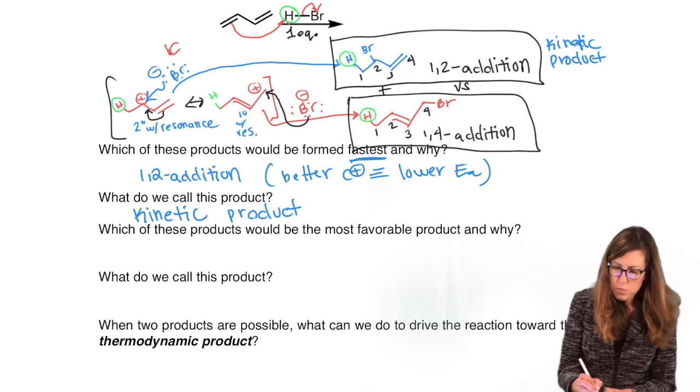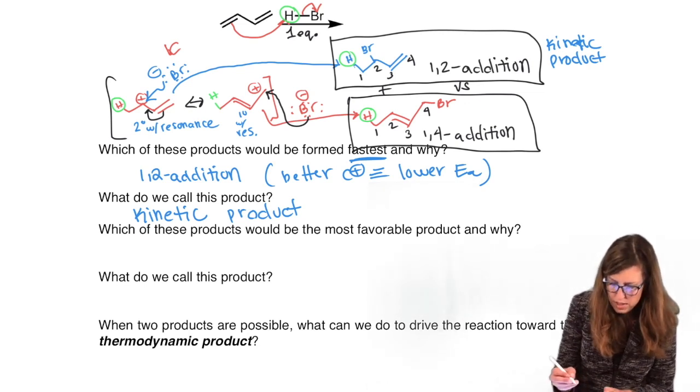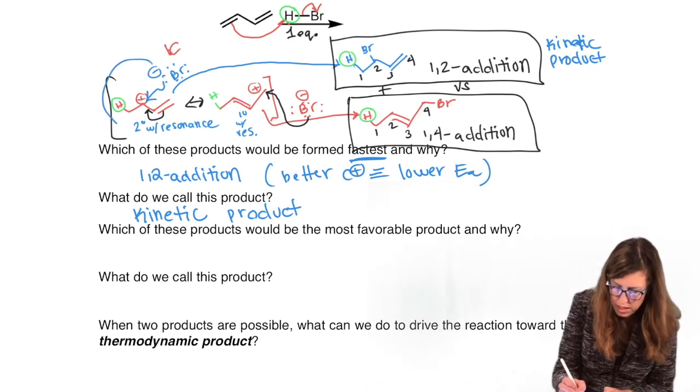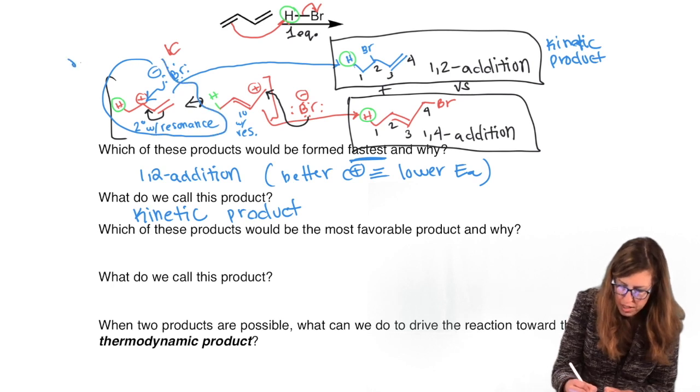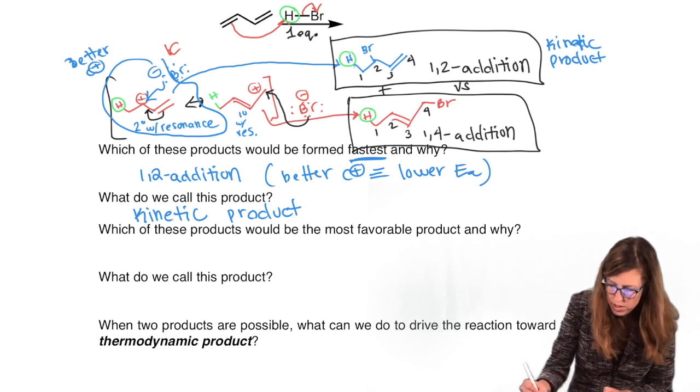The most favorable we saw, the actual product that was better. So in other words, let's go back and illustrate that this was the better carbocation. However, this one is the more stable product because of Zaitsev's rule, right?